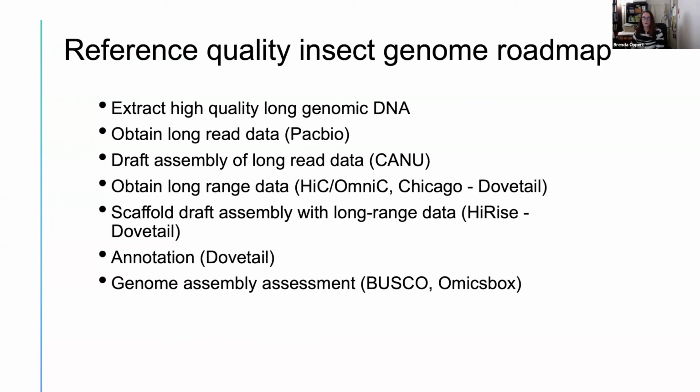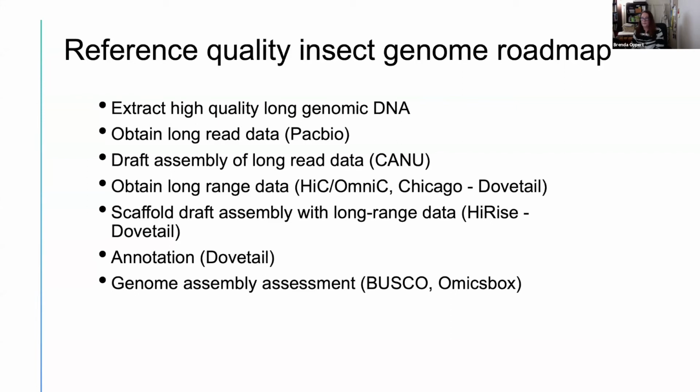And then it's also important to obtain long read data. We've used PacBio, but we are going to start working with Oxford Nanopore to see if we can incorporate that some into our assemblies as well. The draft assembly of the long read data, we prefer to use Canu because it's less compute intensive, but it gives us good draft assemblies.